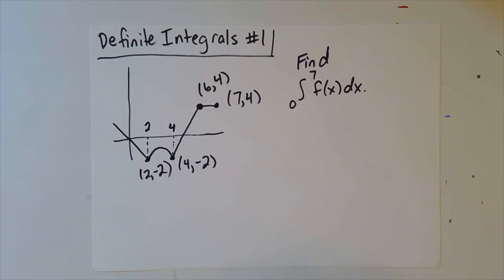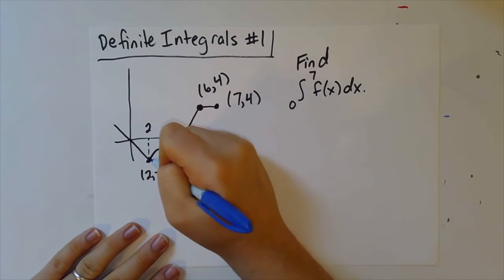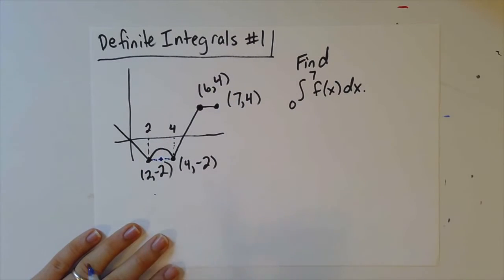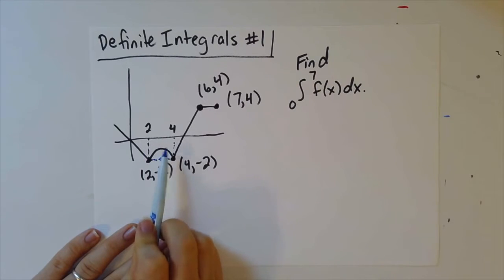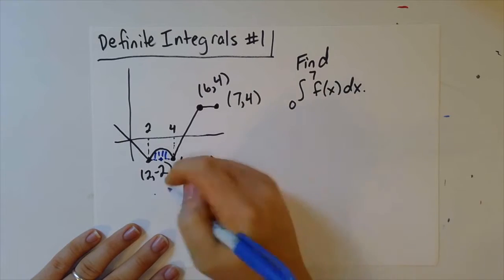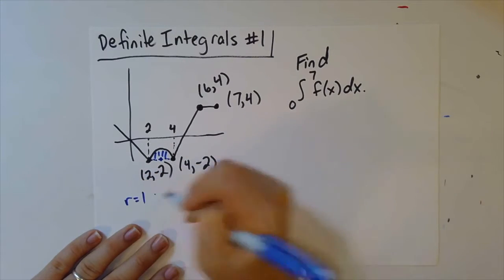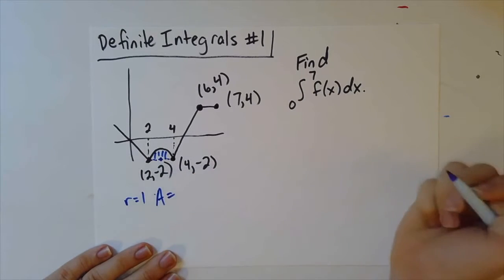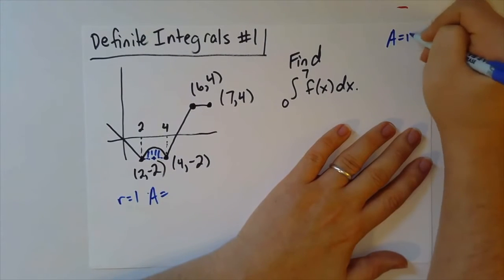Okay, so first of all, let's find the area of this circle. Because this circle goes from 2 to 4, that means its radius is 1. So that means the area of the circle, remember the area of a circle in general is pi r squared.